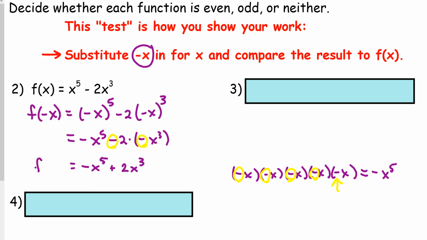Now, let's look at that and compare it to the original function. They are opposites. So we just found that f of the opposite of x is equal to the opposite of f of x. It's the opposite of the original. Therefore, this function is odd.